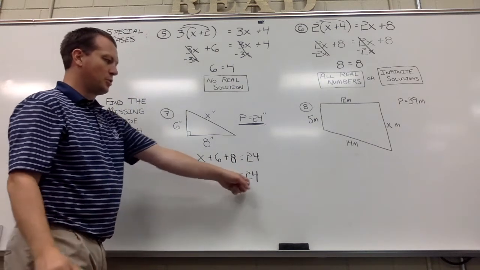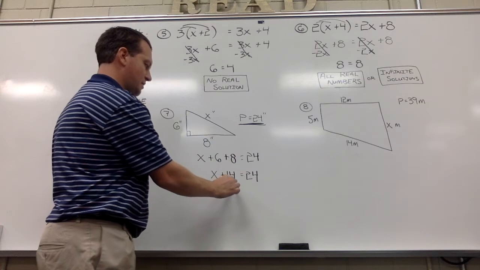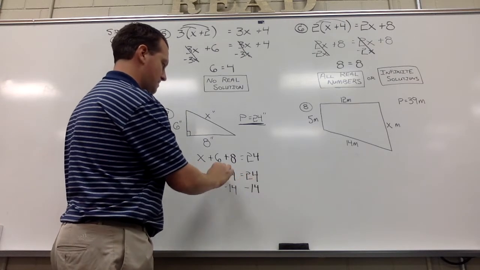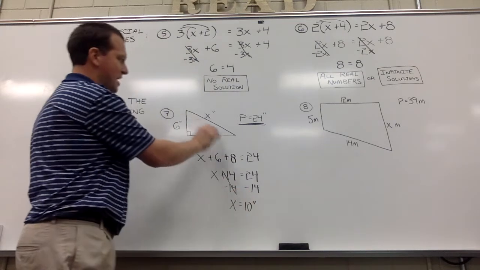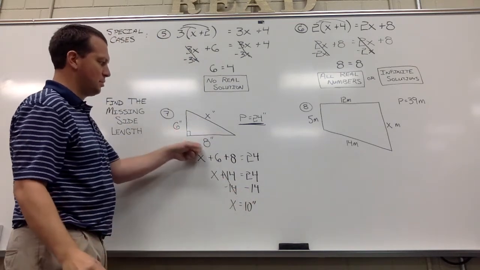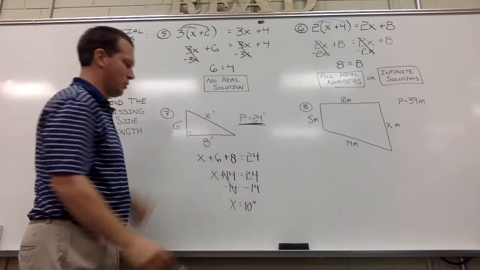So I have x plus 14 is 24, subtract 14 from both sides, and I'm going to have x equals 10. So if my hypotenuse is 10 inches, 6 plus 8, 14, plus 10, 24.